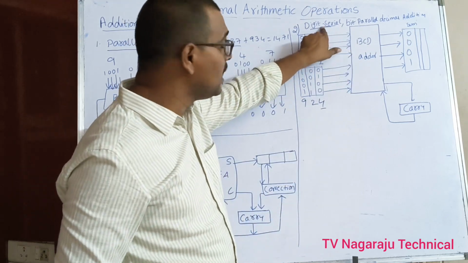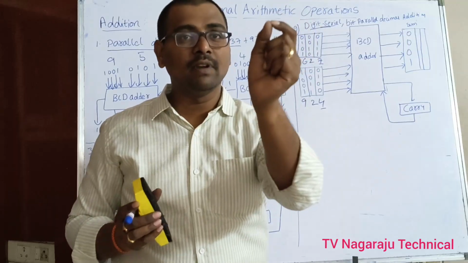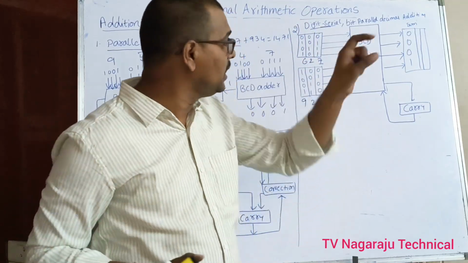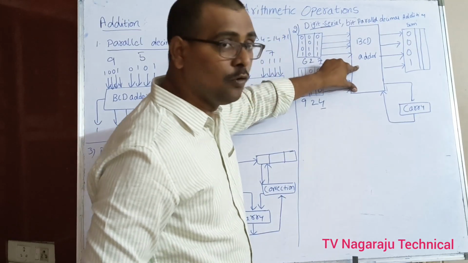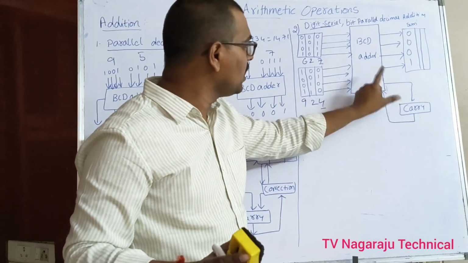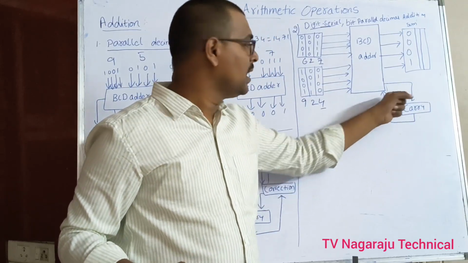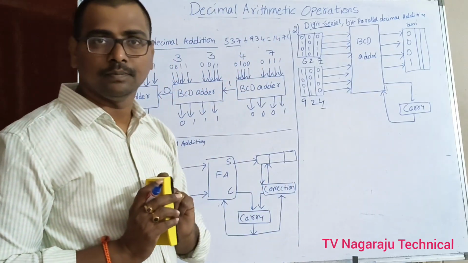Understand the definition: digits are passed in a serial fashion. Whenever you are given a digit, internally all the bits of the digit are given. So the 4 bits are added with these 4 bits and the sum is copied here. Again the same thing, if it is greater than 9, simply we are doing sum carry. If it is a carry, we are adding plus 6 and updating the sum value.